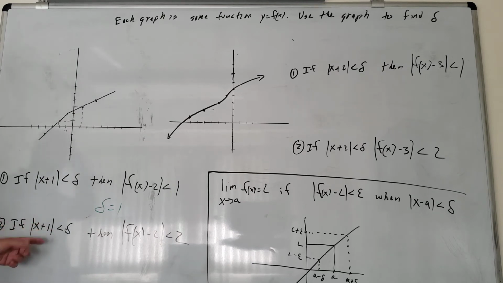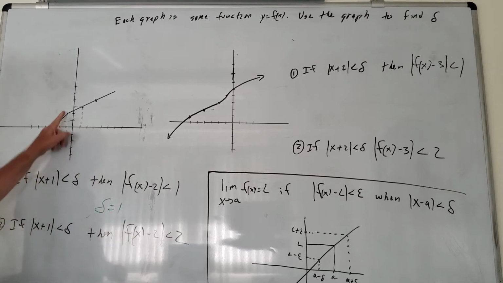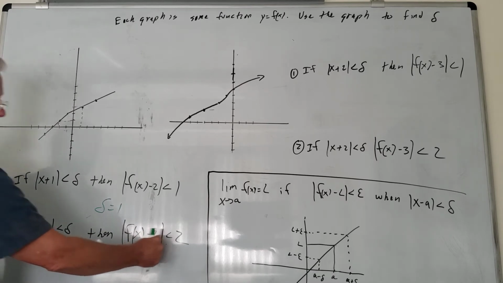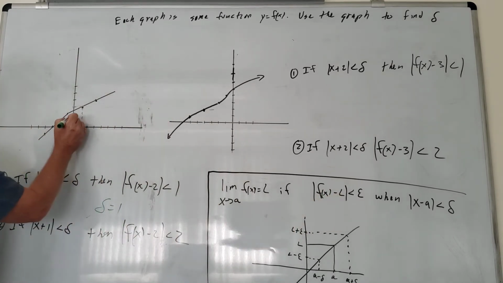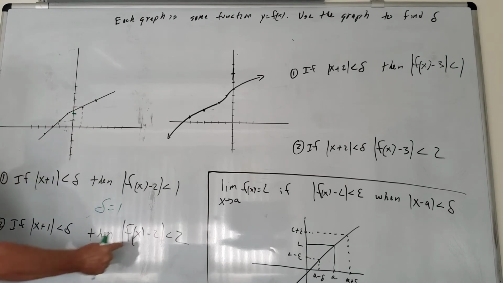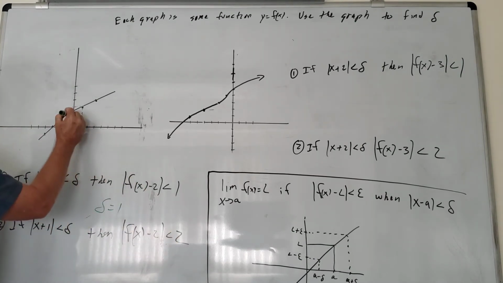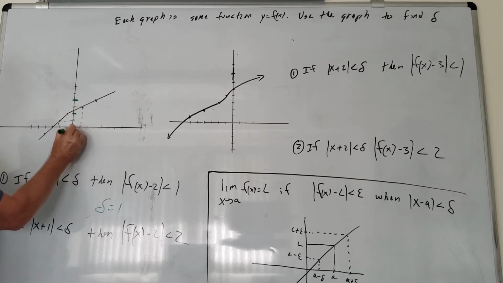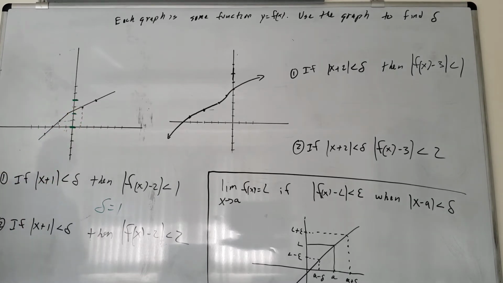Here it's the same thing where a is -1, our limit is 2, but now epsilon is 2. So our y value is 2, and our epsilon is 2. So we go up 2 and down 2. And then we do the same idea.